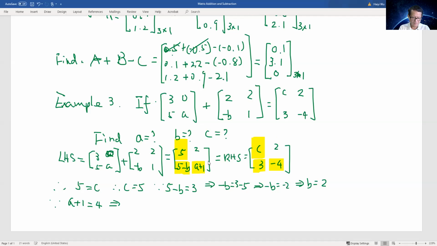So we can say a equals 4 minus 1. Therefore, a is 3. So we found the 3 variables: a is 3, b is 2, and c is 5.